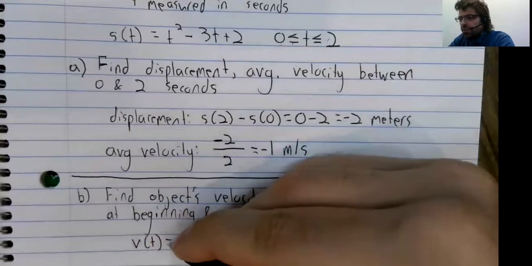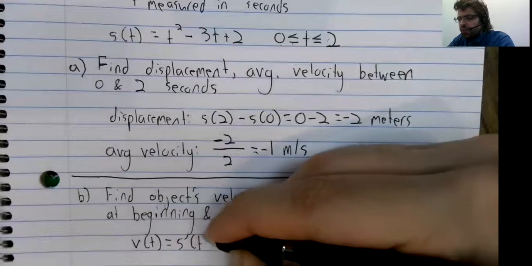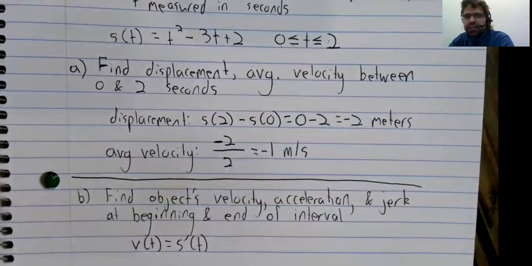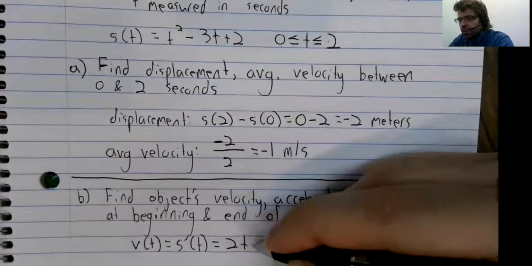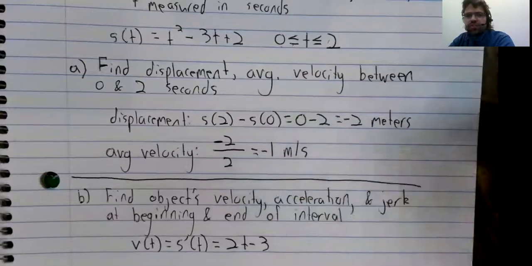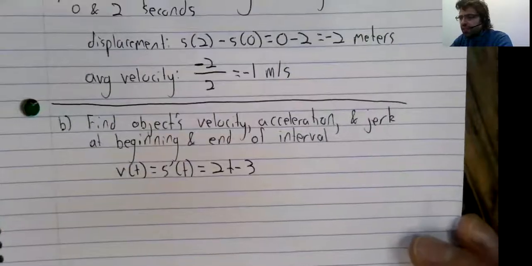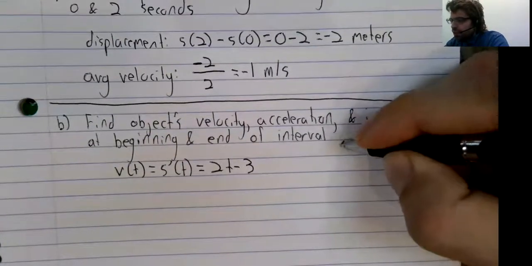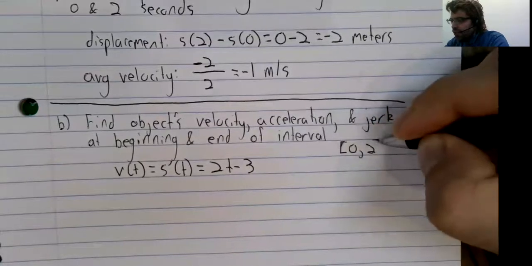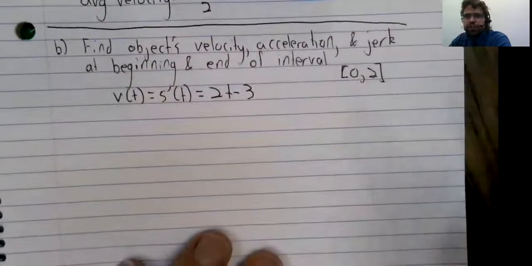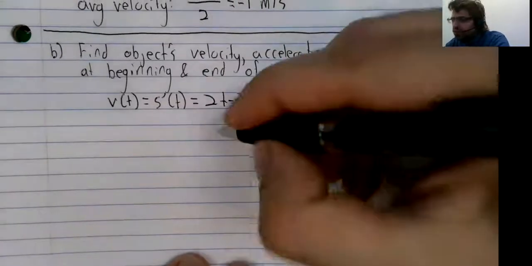Velocity, we'll just do these one by one, is the derivative of the position function, which is 2t minus 3. Let me just, since we can't see the entire paper, scratch down the interval here for future reference.